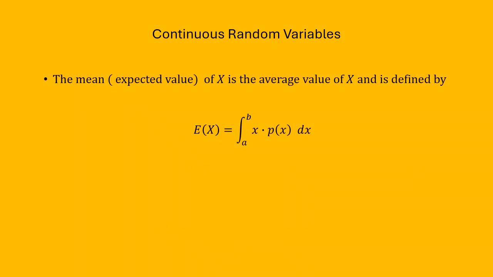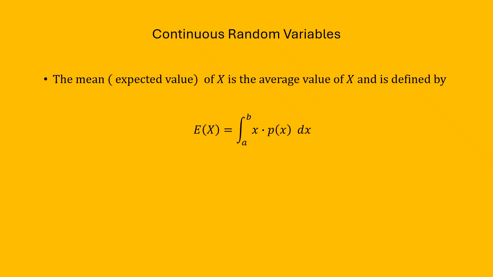The mean or expected value or average value of x is defined by the expected value of x is the integral from a to b of x times the density function p of x dx.